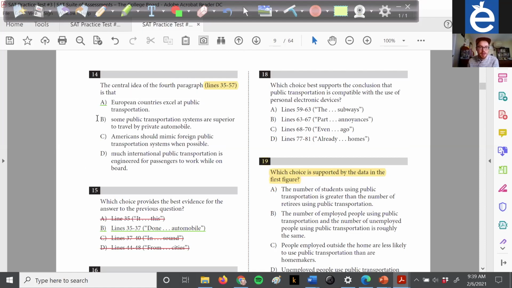Some public transportation systems are superior to travel by private automobile. Yeah, I think that's a much stronger connection because we're specifically talking about that comparison in option B. Americans should mimic foreign public transportation systems when possible. Again, that's not a point that the author would necessarily disagree with, but it's not what we see in paragraph 4. In paragraph 4, we just see a lot of examples.